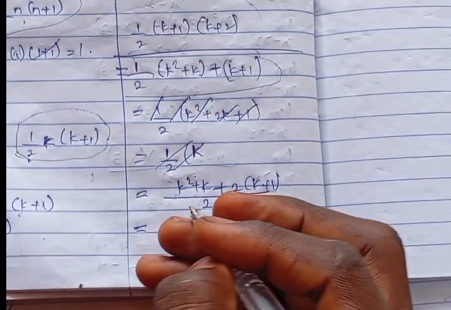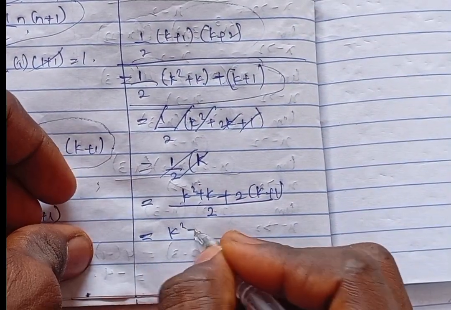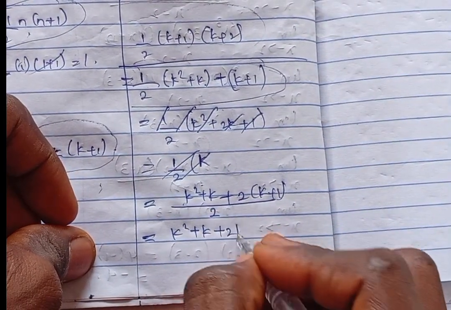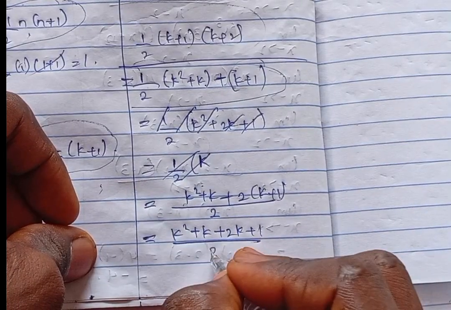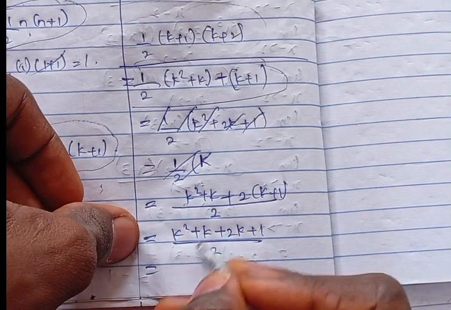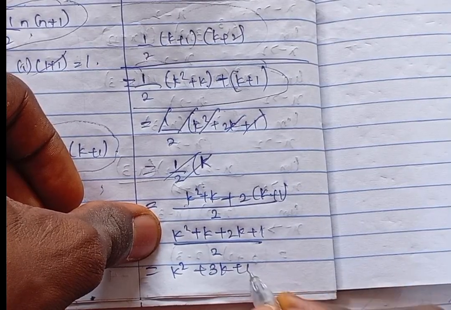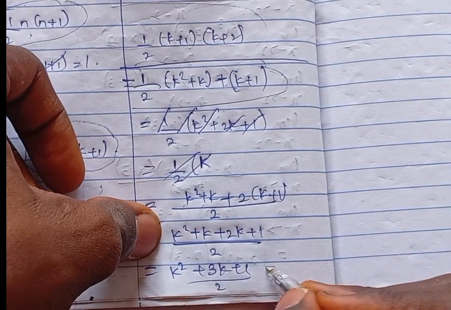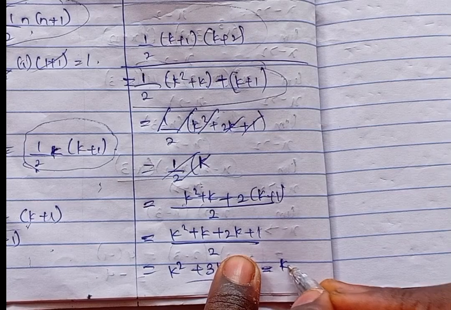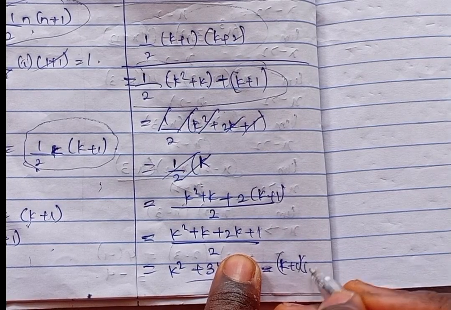You now have k squared plus k plus 2k plus 1, everything over 2. And I can factorize this to get k plus 1, k plus 2.